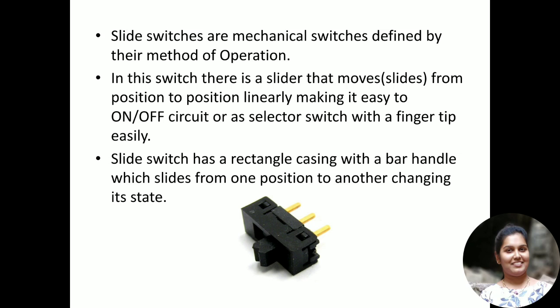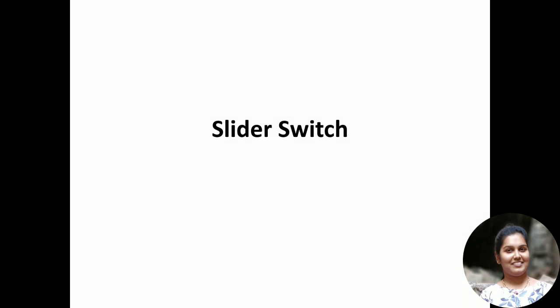So slider switch, simply to understand what is meant by slider switch, you have a torchlight and the buttons on the torchlight are nothing but the slider switch. This is a simple explanation for slider switch.